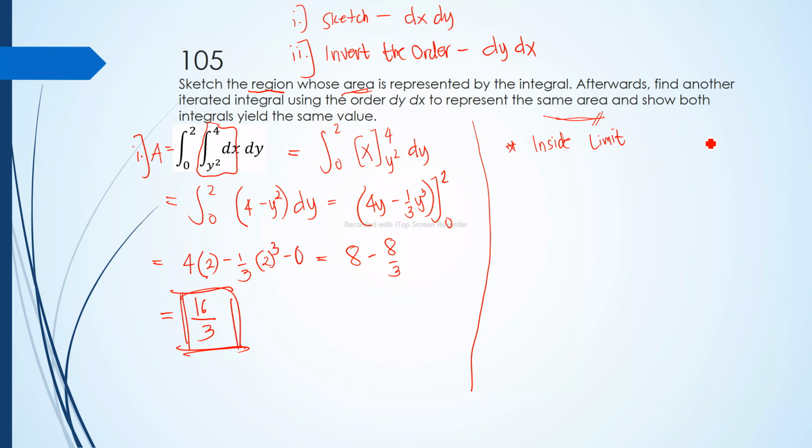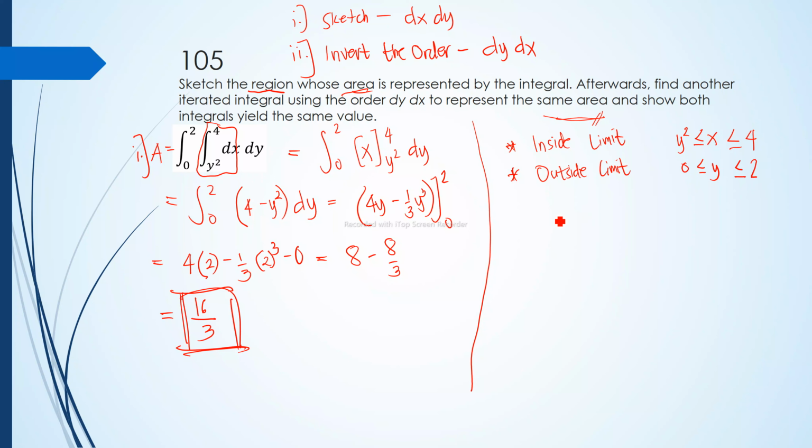So x is greater than or equal to y squared, but less than or equal to 4. Our outside limit is with respect to y, the variable of our integration. So y is greater than or equal to 0, but less than or equal to 2.